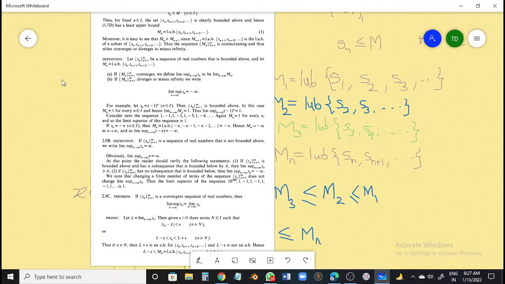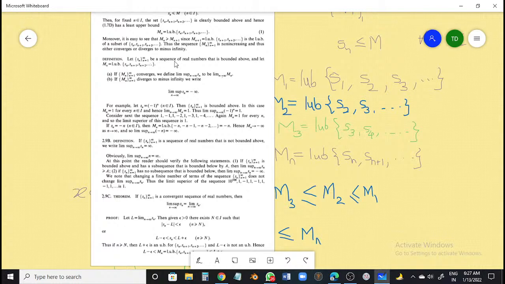So the definition says, if Sn is a sequence of real numbers that is bounded above, and Mn is equal to the LUB, the supremum, of the set Sn, Sn plus 1, Sn plus 2 and so on, then we have to see that the sequence Mn is a monotone sequence.